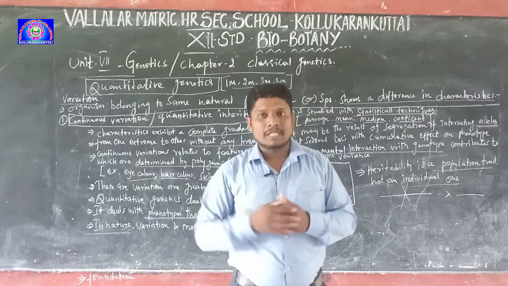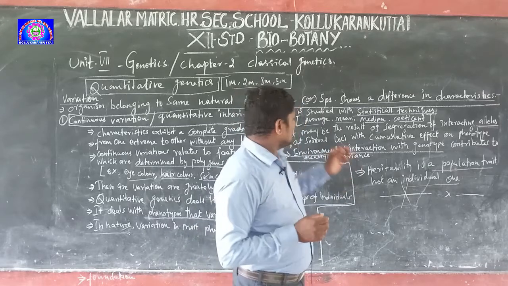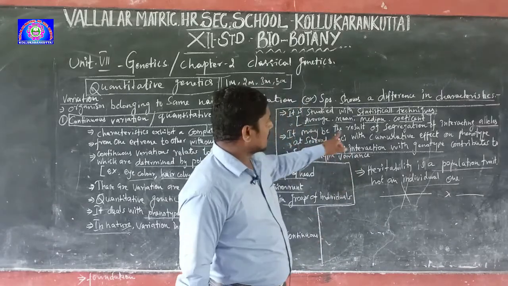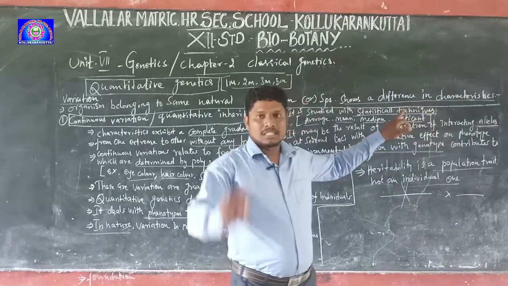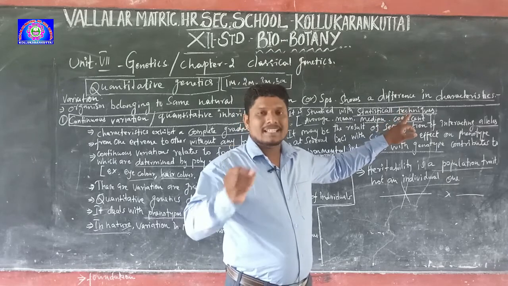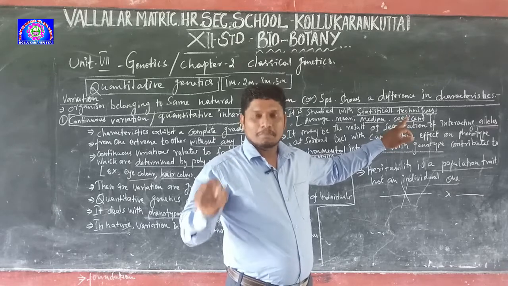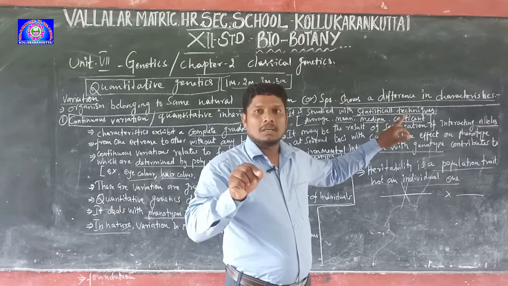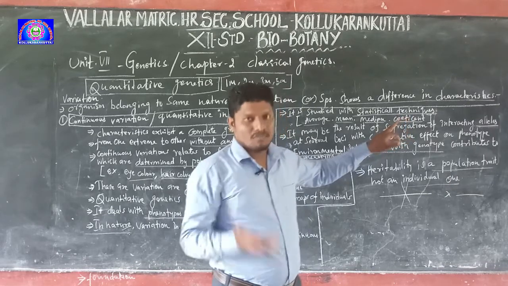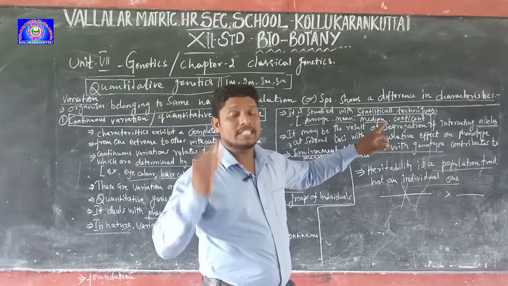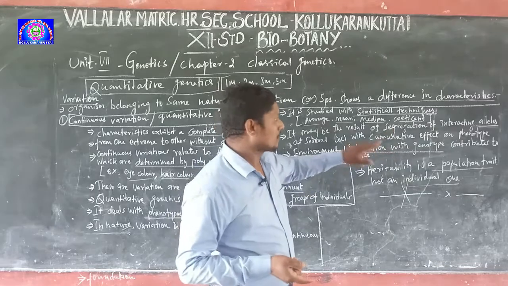These various forms are otherwise known as allelomorphs. A single character is governed by a single gene, and this single gene is present throughout the body of plants and animals in various forms. These are called alleles.